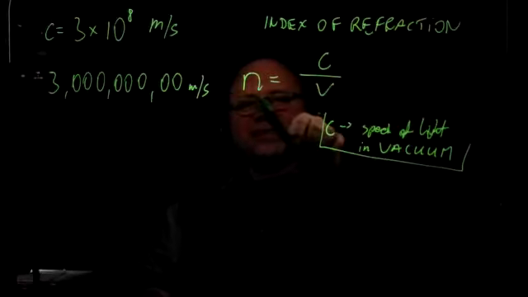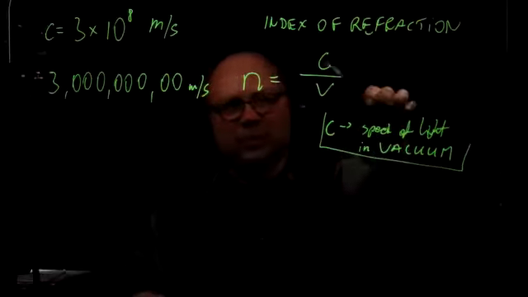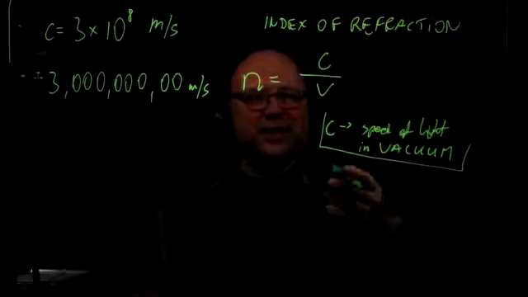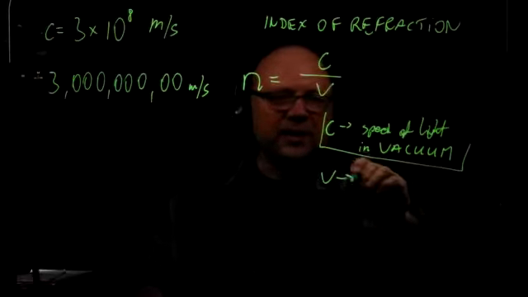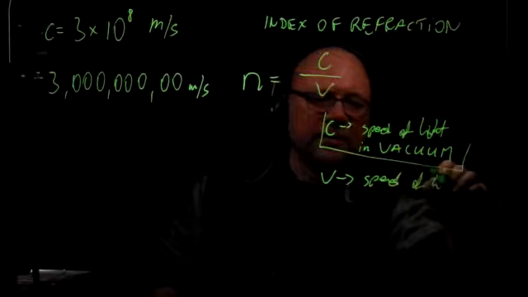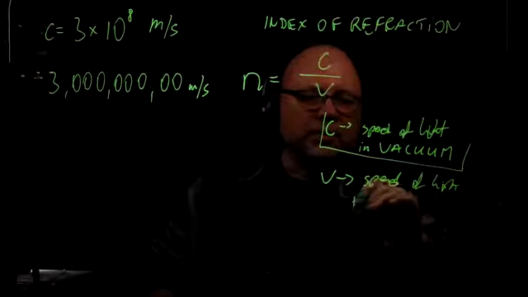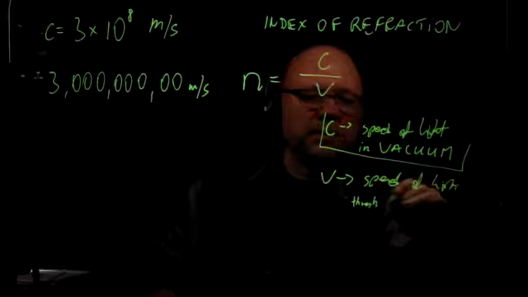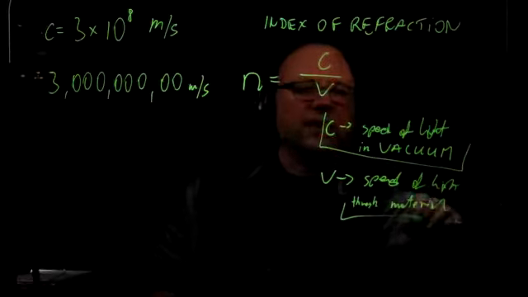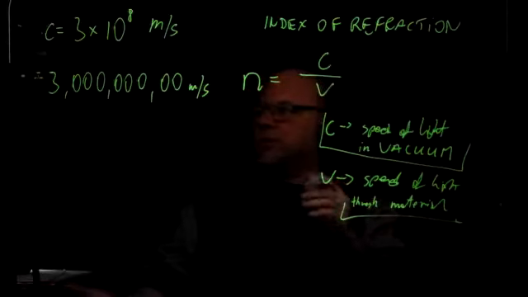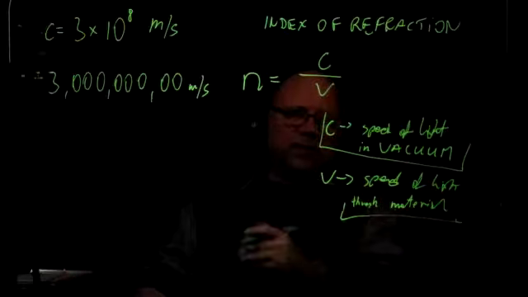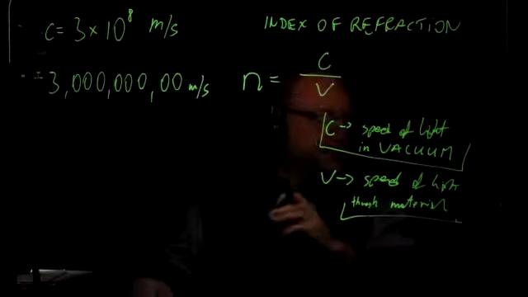So the lowest the index of refraction can ever be is 1, which would be equal to the speed of light. That V is the speed of light through a material, whatever that is. Quite often we're going to make it glass, because we're dealing with glass here.